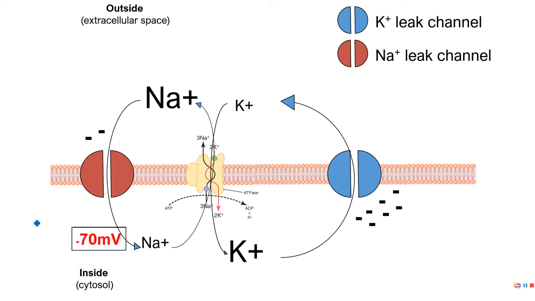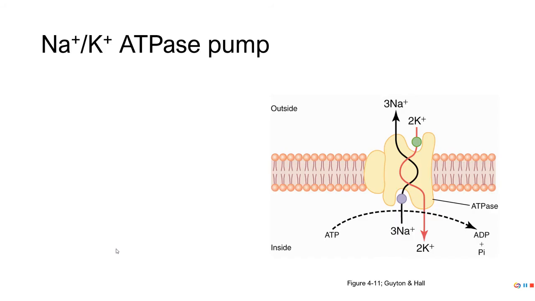The only way that we'll get away from this negative 70 is if something changes the system. And that's where an action potential comes in, and we'll talk about that next time. All right, but I want to focus on the sodium-potassium pump. Okay, now just a reminder, it requires energy because this is active transport. Okay, we're going against the gradient here.